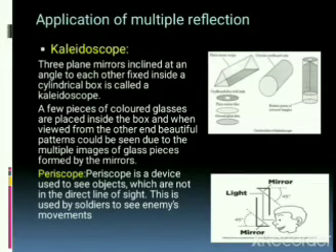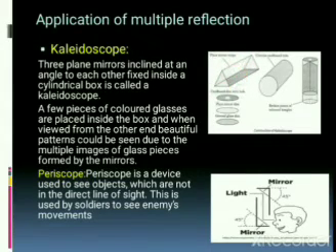Now certain applications of multiple reflection. The first application is the kaleidoscope and periscope. What is a kaleidoscope? Here 3 plane mirrors are there. This is the first plane mirror, this is the second, and this is the third.